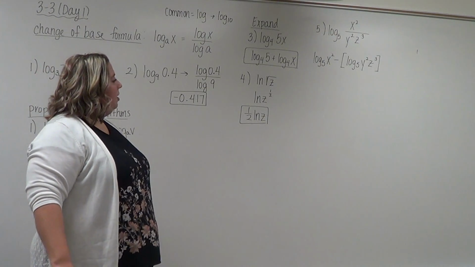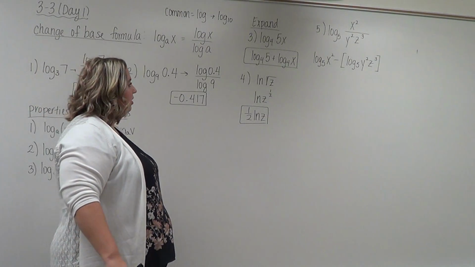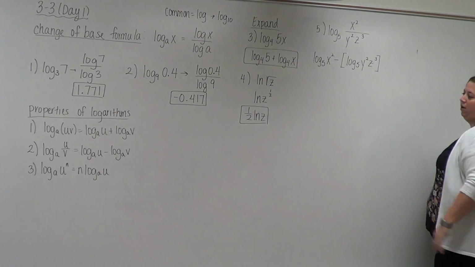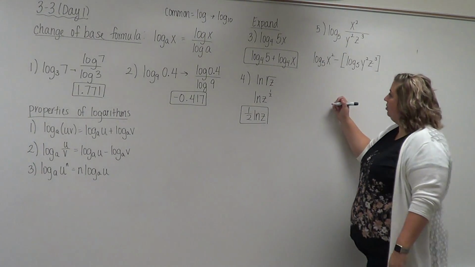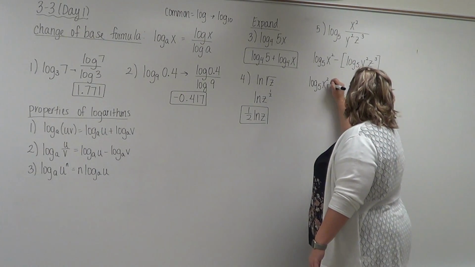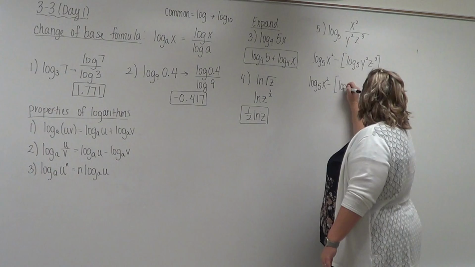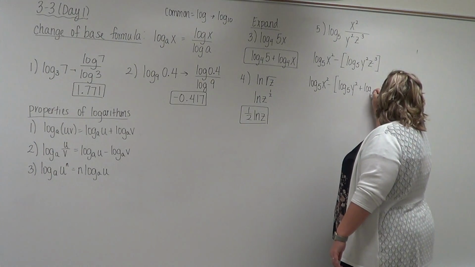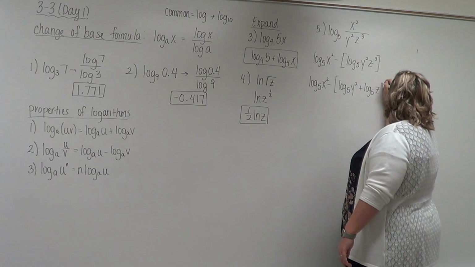Okay, I'm not done yet. In parentheses, I have two things multiplied together, so how would I split those up? Adding. So in my parentheses, I would have log 5 of y squared plus log 5 z cubed.